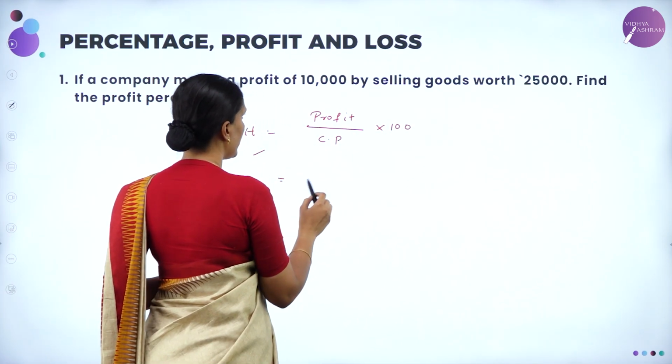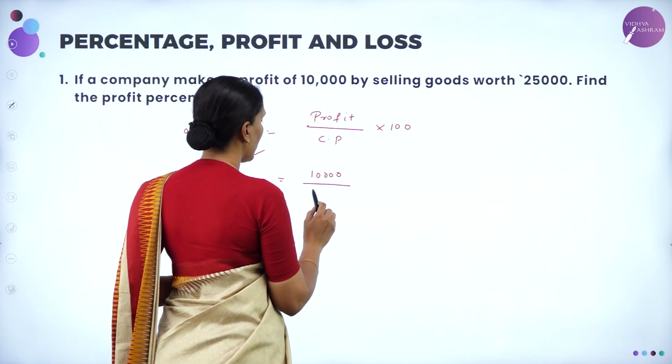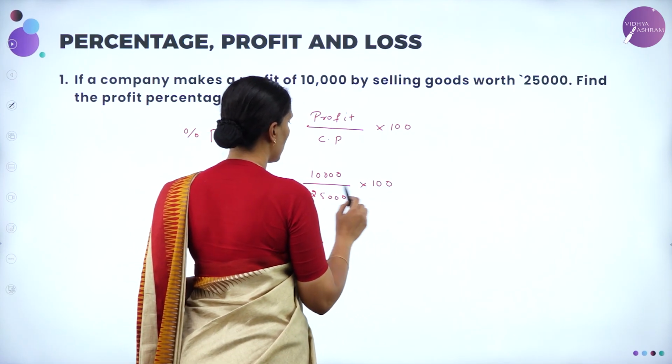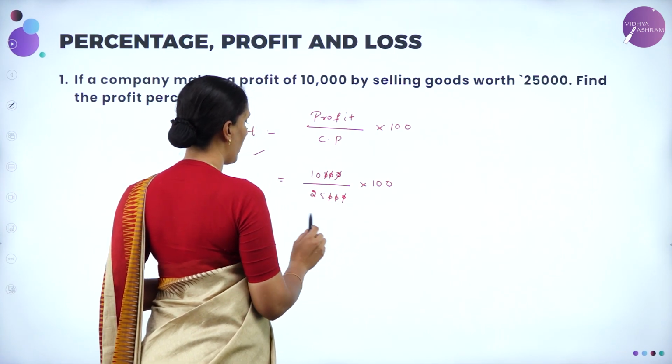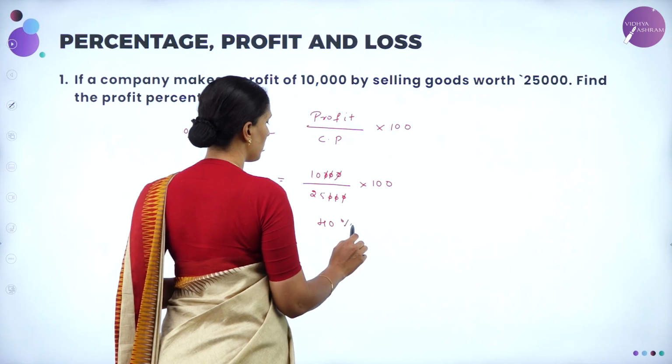The profit is 10,000 and the worth is 25,000, into 100. So 10,000 by 25,000 into 100, which is equal to 40%.